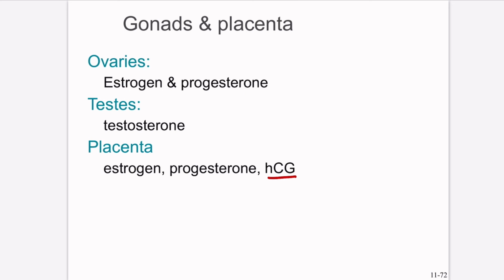And this is actually what encourages or continues implantation. It discourages the endometrial lining from being shed in implantation. And it's also what is read when you take a pregnancy test. So when you take a pregnancy test, you pee on a stick, and what they're looking for is this human chorionic gonadotropin.